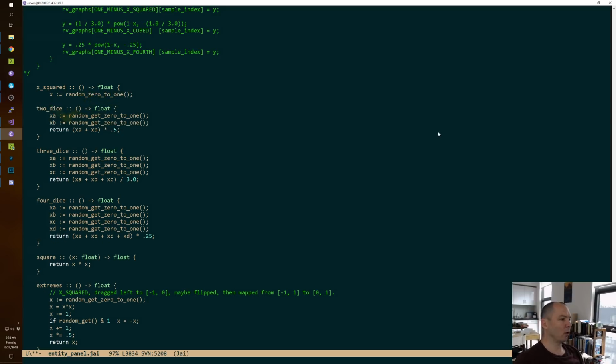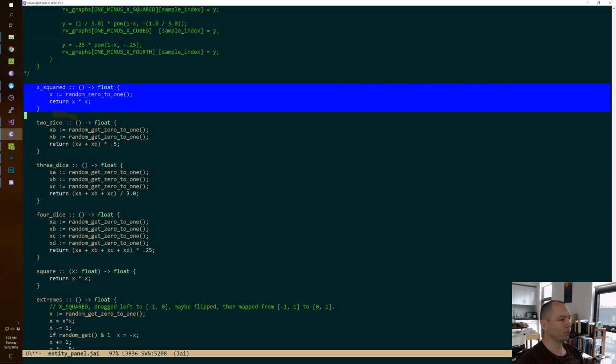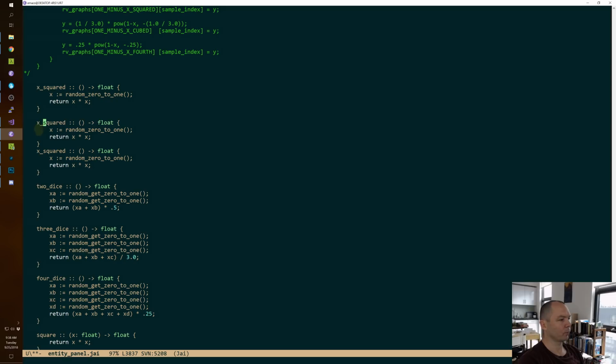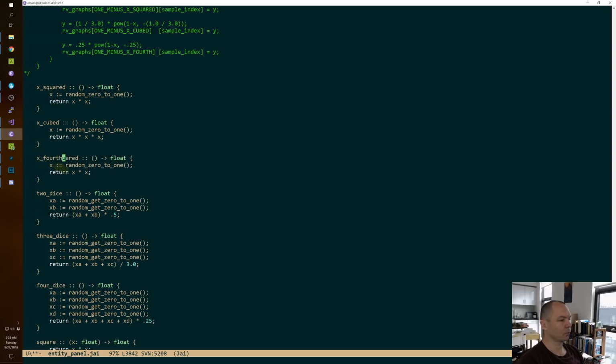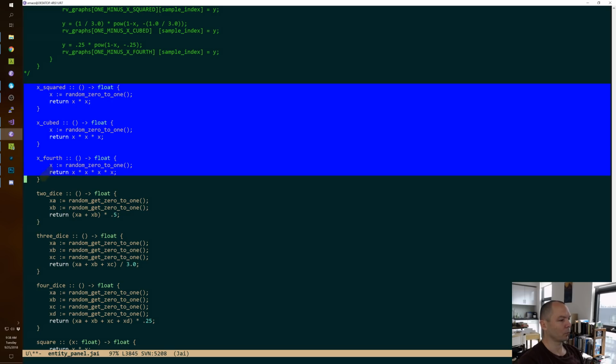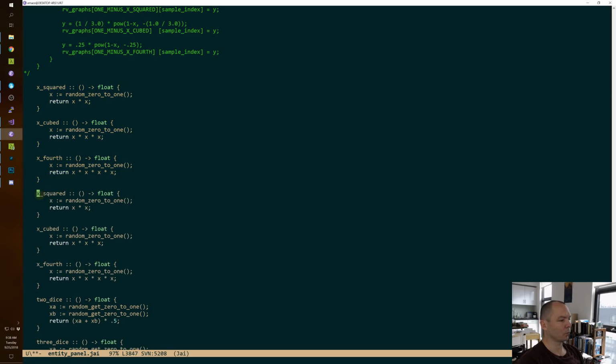And we're just going to make it all using this histogram system. You know what's interesting is this also serves as a test of the random number generator system.